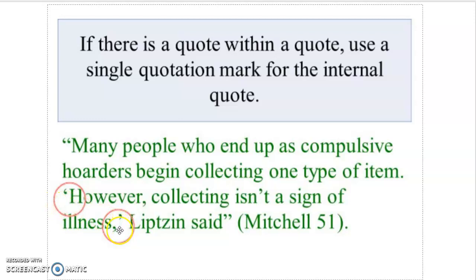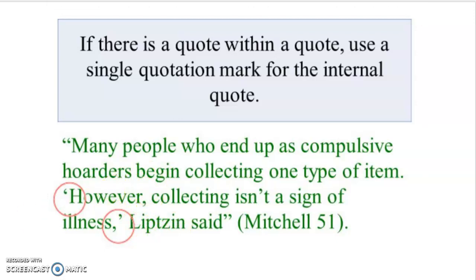And then you do the same parenthetical citation that would show up on your works cited. So if Mitchell is the author of the thing that you're quoting, and that's what's in your works cited, you would put Mitchell's name there and the page number. You wouldn't suddenly put this author, but you can quote it like that in there.